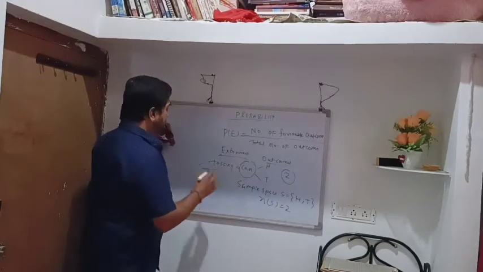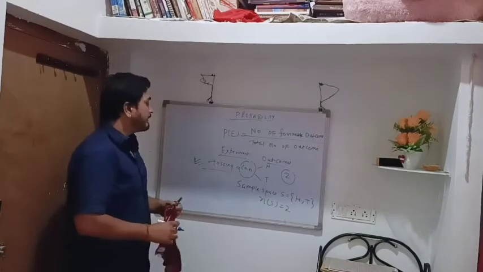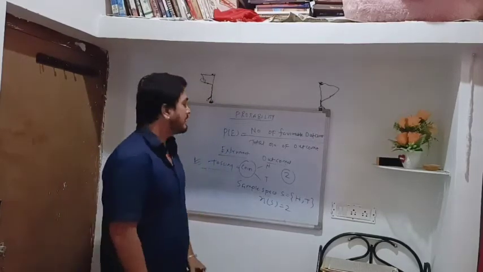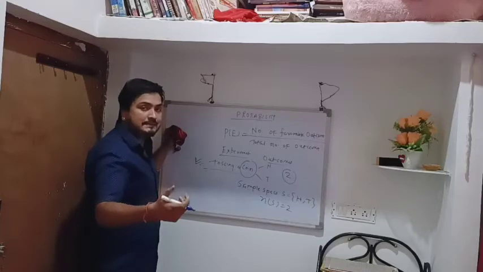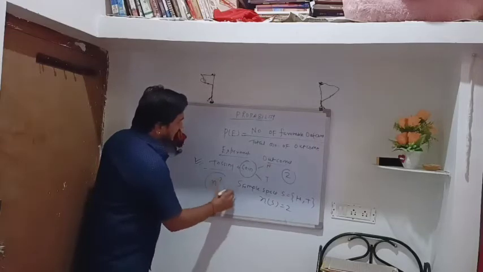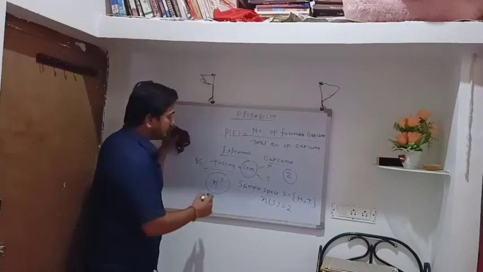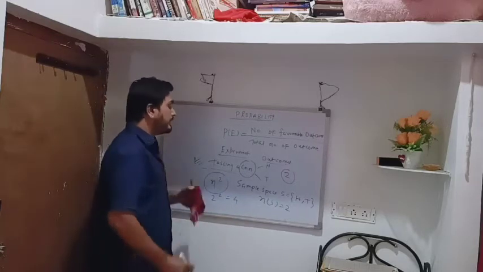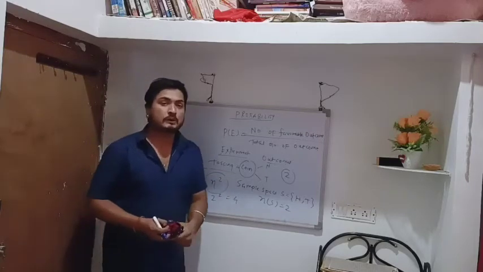We may also toss a coin multiple times, twice, thrice, or four times. When a coin is tossed twice, we use the formula n squared, where n denotes the number of faces. With two faces, 2 squared is equal to 4, so the total sample space is 4.